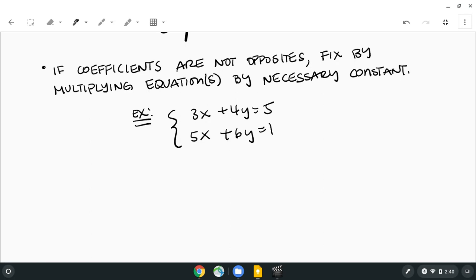I'm going to choose 12 because I like to work with smaller numbers. Okay, but if you choose 24, that's fine too. Okay, so what I want to do is turn this one into 12, and I want to turn this one into negative 12. Okay, and I can easily do that because I can turn this into a 12 by multiplying by 3. I can turn this into negative 12 by multiplying by negative 2. So that's what I'll do. Okay, so I'm going to go ahead and copy my system down here.